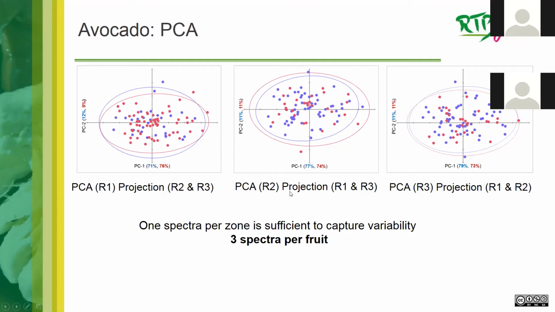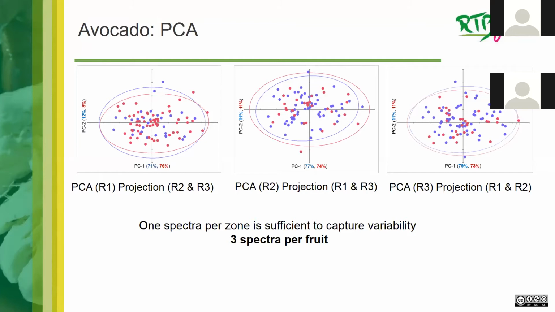It's the same when we use replicate 2 and do a PCA only with samples from replicate 2, and we project samples from replicates 1 and 3 on this space. And the same when we use replicate 3 to do the PCA and the projection of replicates 1 and 2. So the conclusion is that 1 spectrum per zone is sufficient to capture variability. That means 3 spectra per fruit.